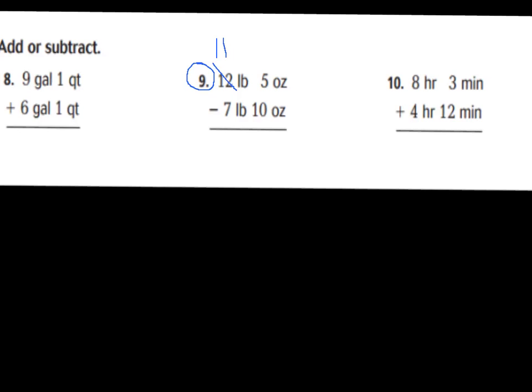In order to do that, you need to understand that in 1 pound there are 16 ounces. That's how many ounces are in 1 pound. So I need to add a pound to my 5 ounces, which equals 16 ounces. So I would say 16 plus 5. Well, 16 plus 5 is 21 ounces.